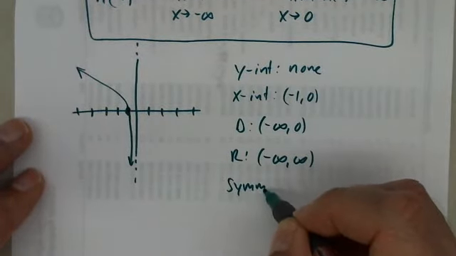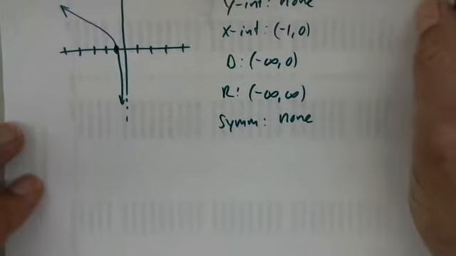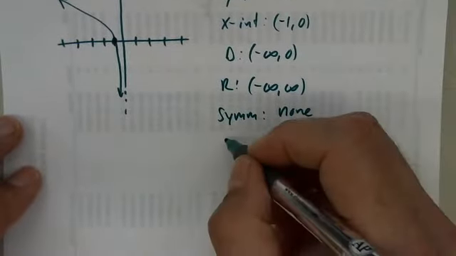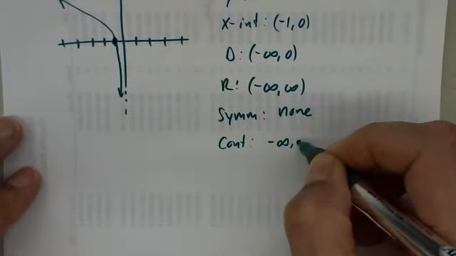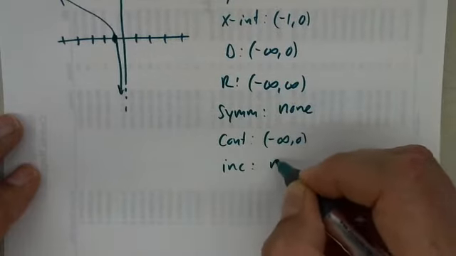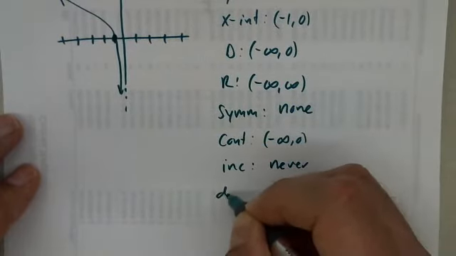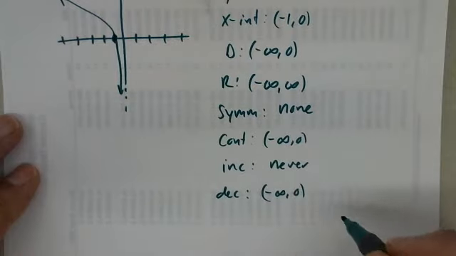Symmetry, none. Continuous on negative infinity to 0, and increasing never, decreasing from negative infinity to 0.